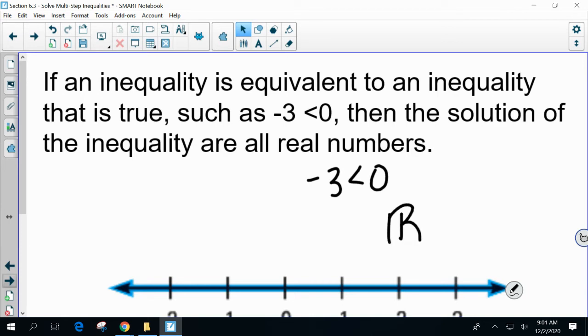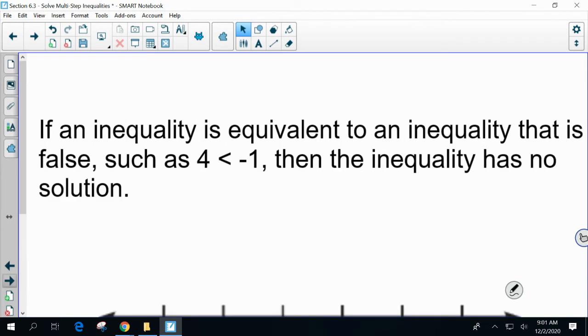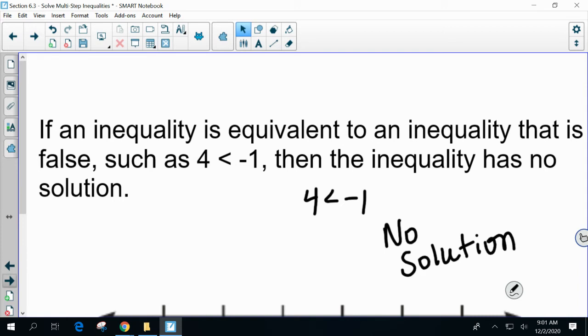So if you knock out your variable and you're left with only numbers and it happens to be true, then your answer is all real numbers. We did the same thing with multi-step equations. If your variable's gone and you have an inequality that is not true, like this, 4 is not less than negative 1, then the answer is no solution. So we're going to have answers like that as well as numbers.